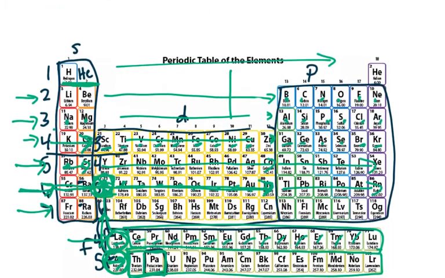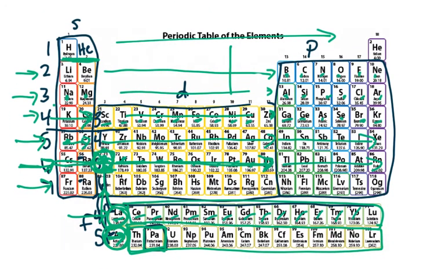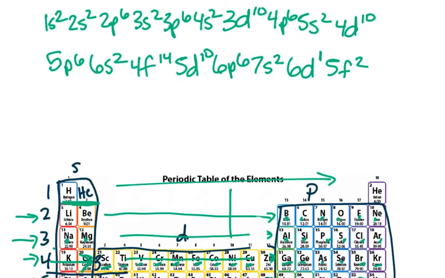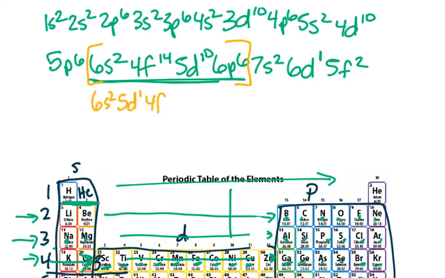So it can get a little confusing if you are landing in the f orbital, if I'm asking for an element in the f orbital. If you're going past the f orbital, like here, we went past the f orbital, right? Basically in this section, we didn't write 6s2, 5d1, 4f14, 5d9, and then 6p6, right?